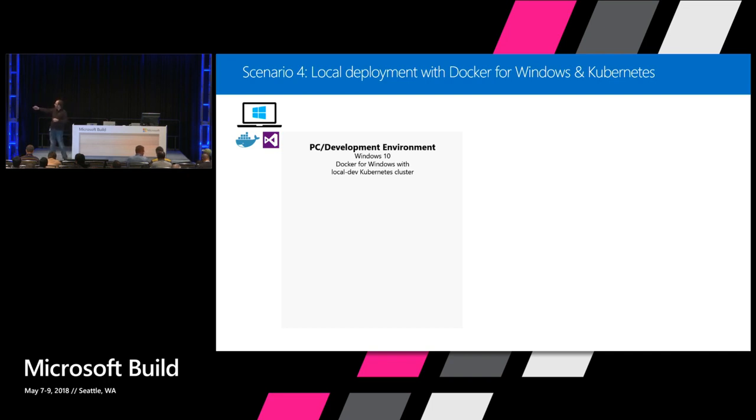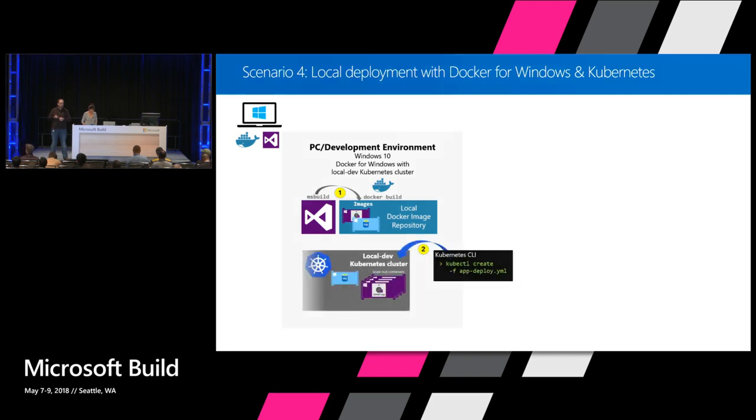So we have a PC development environment, we have Visual Studio, and with Visual Studio, you build the image in your local repo in your PC just by building from Visual Studio or from the command CLI. And once you have that, and this is the new thing for Windows containers, you can have a whole Kubernetes cluster in your single PC.